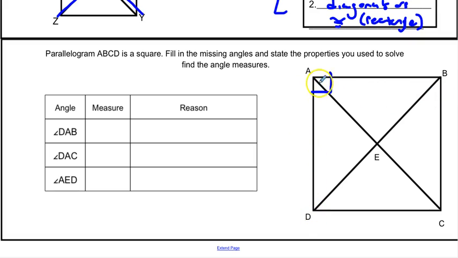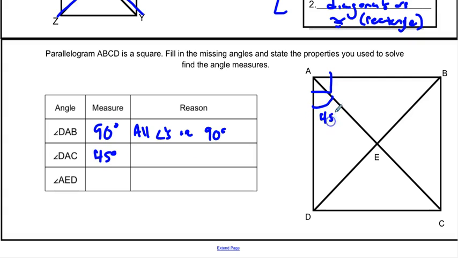Well, guess what? Since we know that all angles are 90 degrees, we just know that this is going to be 90 degrees. Now, the reason I know that is the rectangle property. The reason I know that was 90 is because all angles are 90 degrees. Now, what is DAC? That's just this part right here. Well, that's 45 degrees, right?